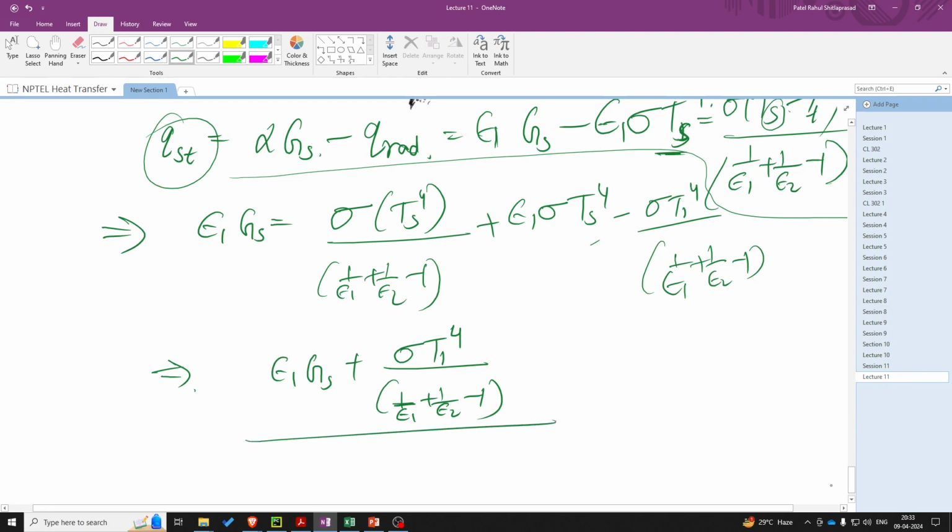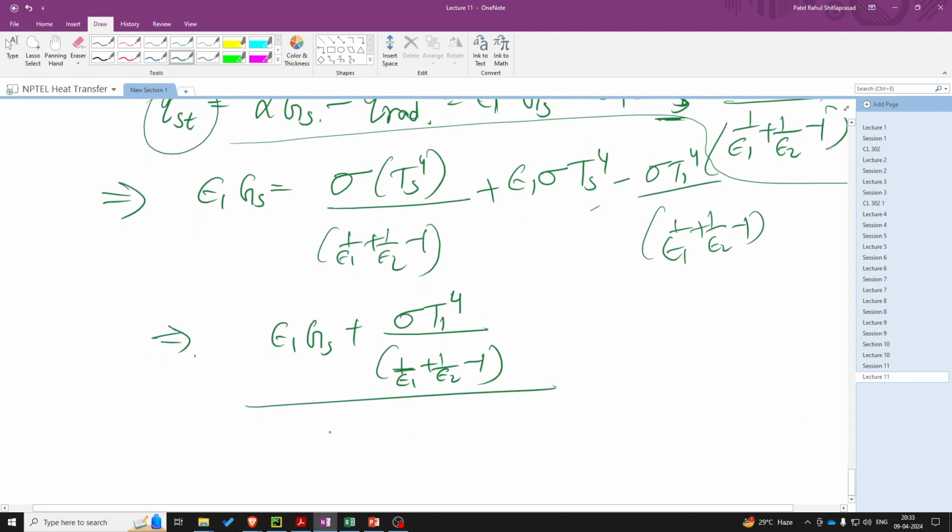upon sigma common over 1 minus 1 is epsilon 1, raised to 4.